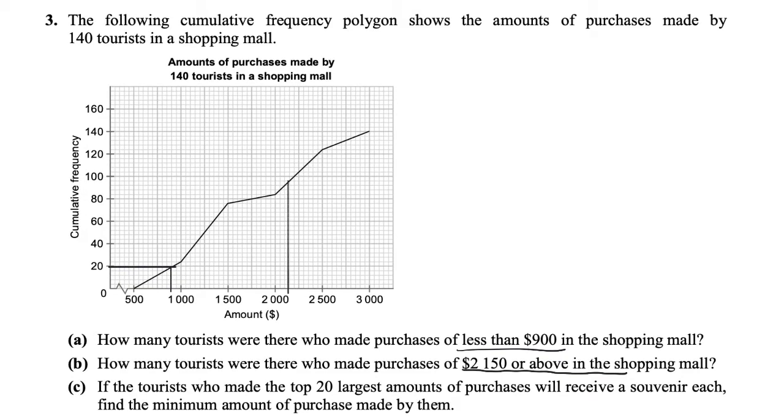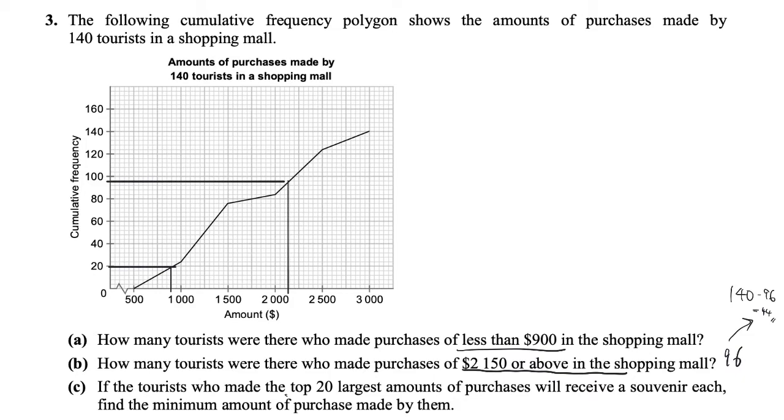So you just draw the line like this, and then you will find out the value will be 96. Okay, 96 tourists. And if you want to have more than that, that means you have the total 140 minus 96, which will give you 44 people.